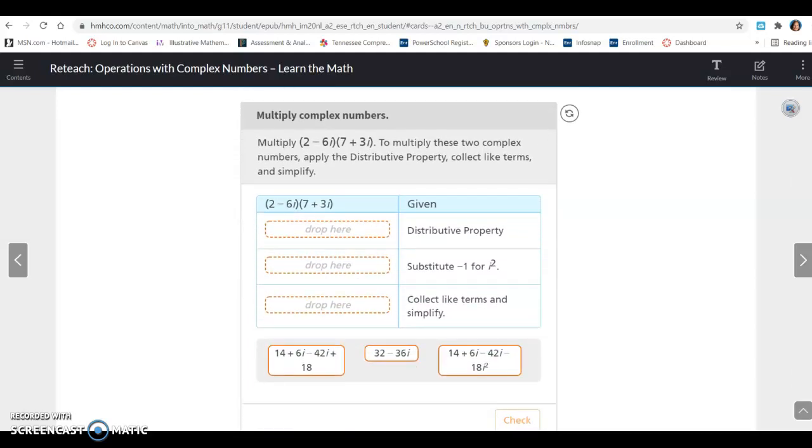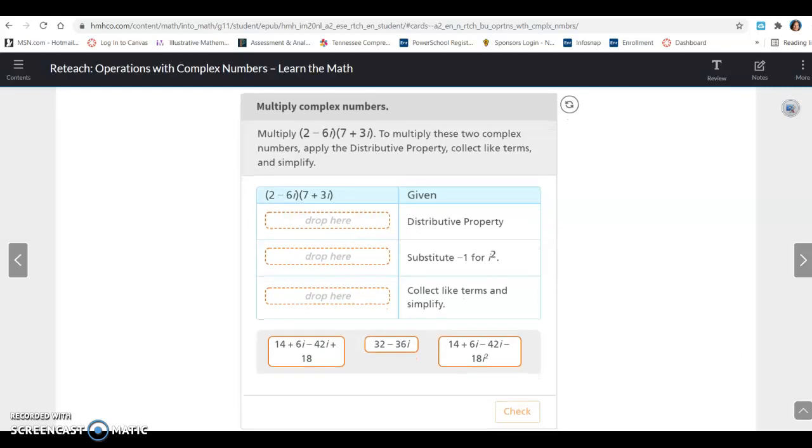Alright, multiplying complex numbers. To multiply two complex numbers, again, you're going to use the distributive property. So you're going to multiply 2 times 7, which is 14, and then outside, and then inside, and then your last terms. So you're going to get 14 plus 6i minus 42i, and then minus 18i squared.